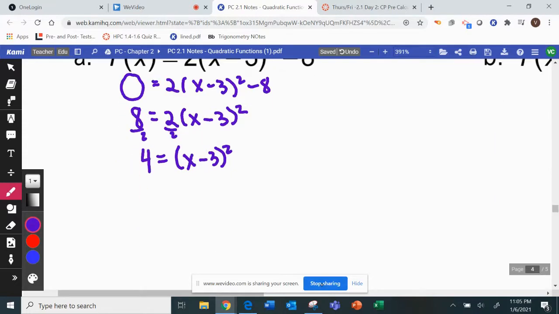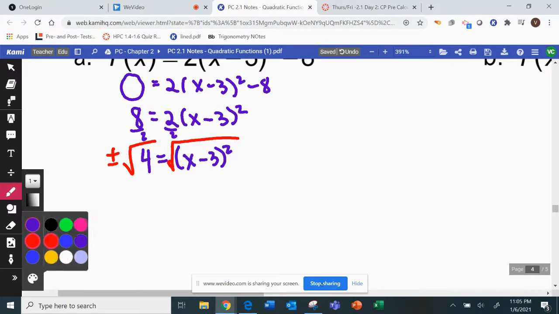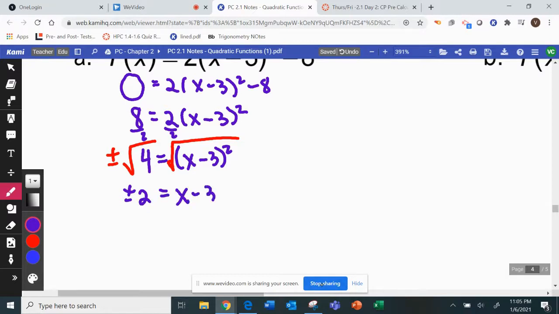At this step, I need to get rid of the square symbol. And I'm going to do that by using square root. If you do the square root, you have to have that plus minus because there's going to be 2 solutions. And then finally, we'll add 3. So I get x is 3 plus or minus 2.